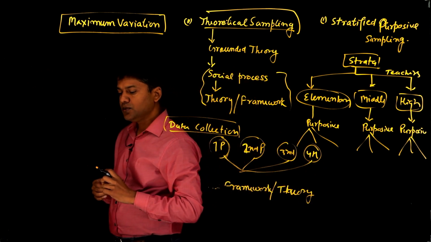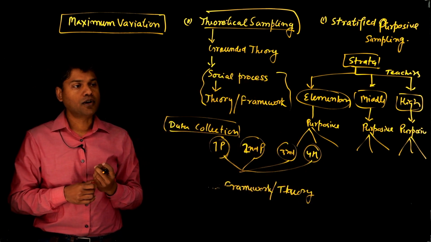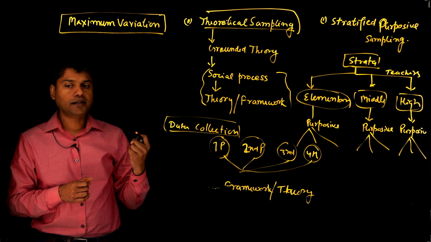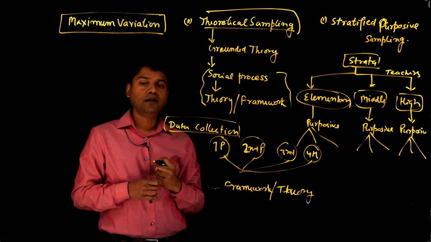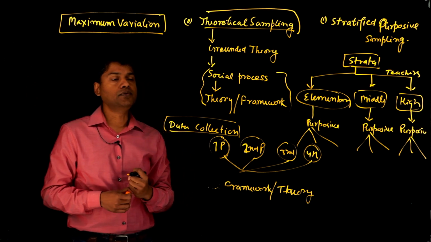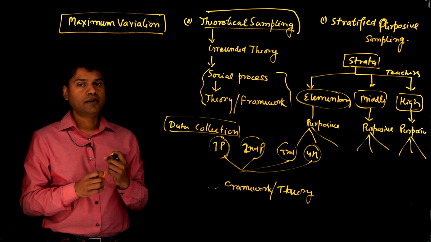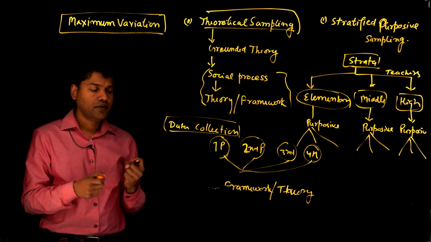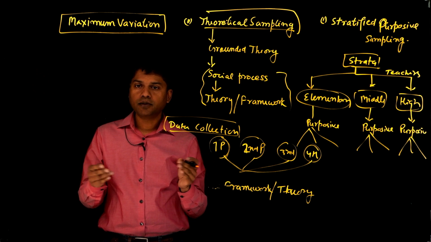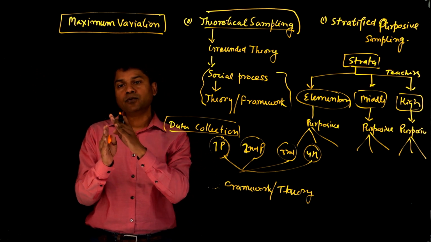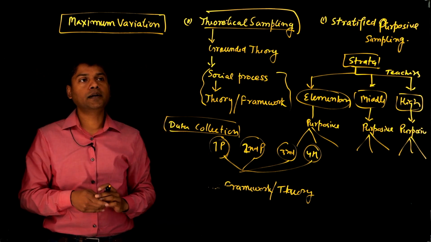So when you start your sampling process, you are selecting participants for your study, and at the same time you are mindful of having a diverse set of participants in your study. So try to have more diversity within the sample that you want to collect.